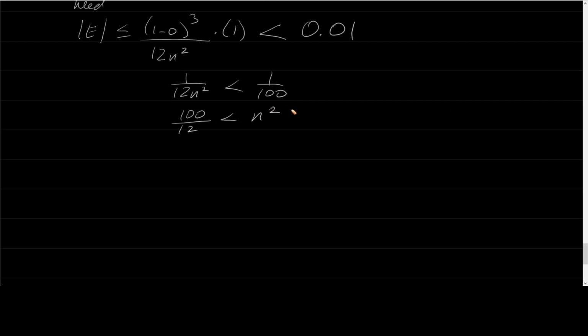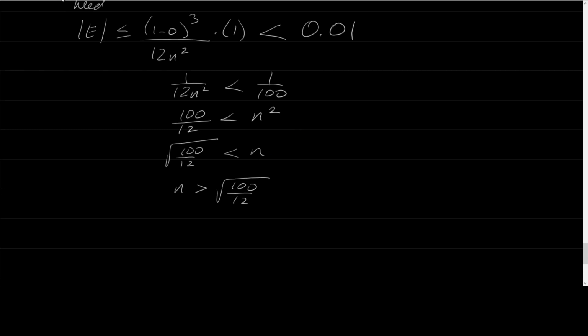So what we can do here is just take the square root of both sides, and I end up with the square root of 100 over 12 must be less than just n. In other words, n must be greater than the square root of 100 over 12. And technically, from here to here, this is not normally the way to do it, but since n has to be positive, we can overlook that.